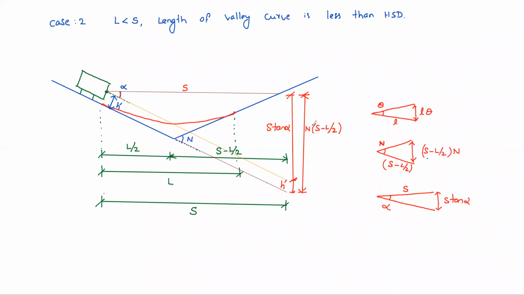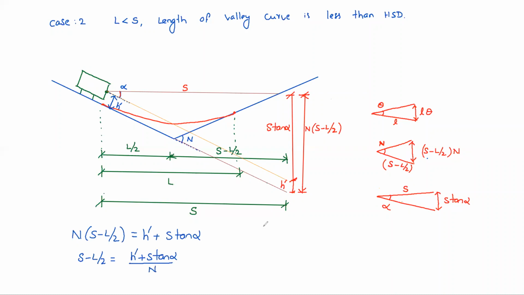So now the equation is very simple. n into (S minus L by 2) must be equal to h dash plus S tan alpha. Okay. From this, S minus L by 2 equals (h dash plus S tan alpha) by n.